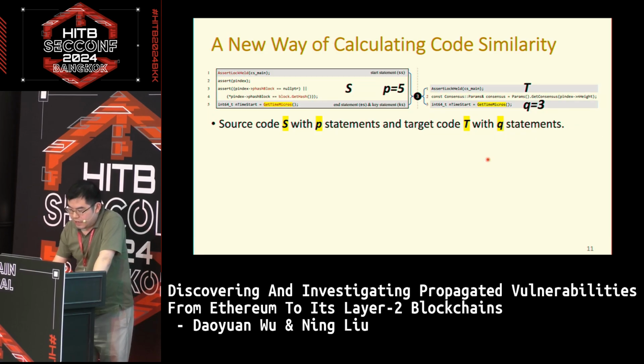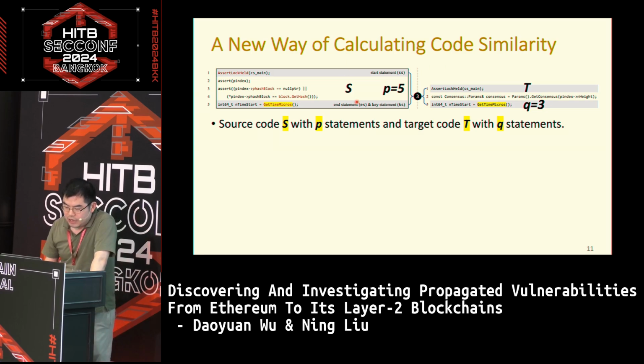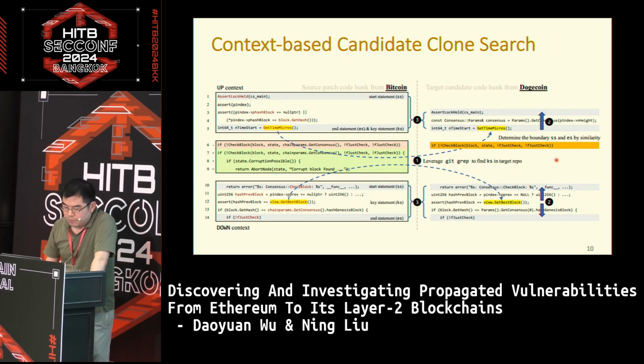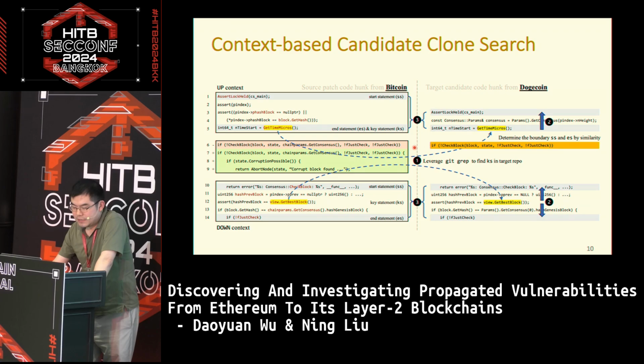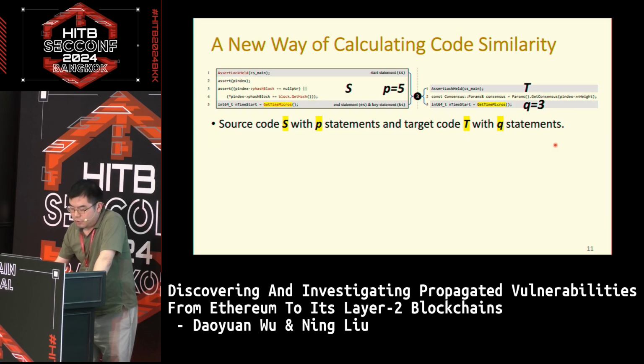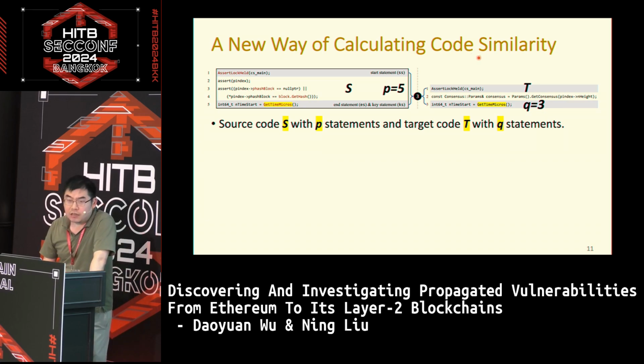And another thing, as I just mentioned, during these components, we need to calculate both the similarity of this code context, but also the similarity of this diff code. So the accuracy of calculating the code similarity is very important to us.